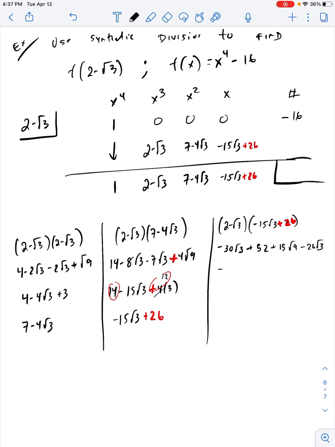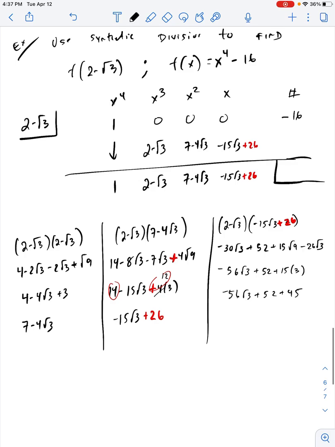All right, so that's negative 56 square root of 3 plus 52 plus 15 times 3. Negative 56 square root of 3 plus 52 plus 45. In other words, negative 56 square root of 3 plus, what do we get?